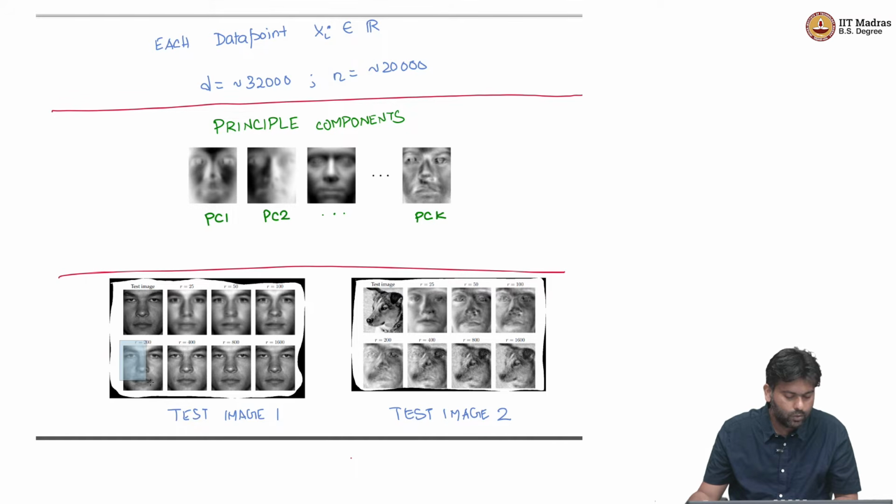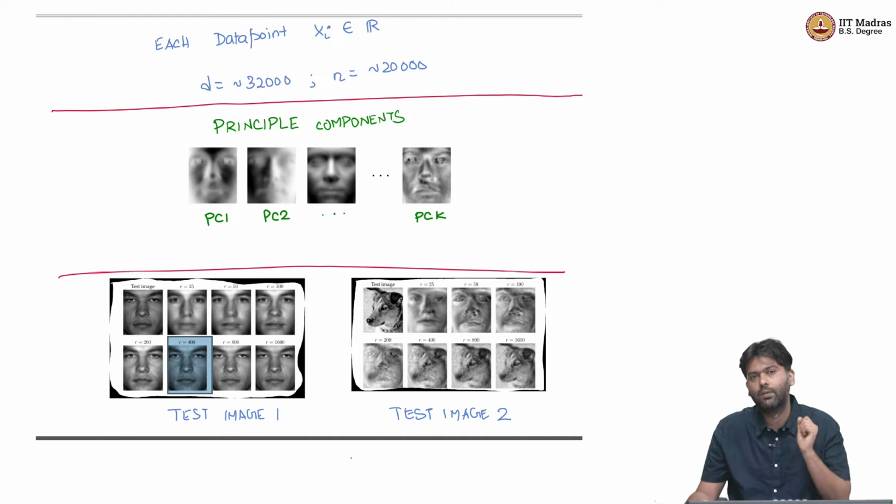But if I use 200 components, or even 400, or somewhere between 200 and 400, pretty much all the important details specific to this person are captured in some sense. So you only need something like 300 directions to capture this person's essential features that we need to say if this is the person or not. You don't necessarily need all the way to 1600.